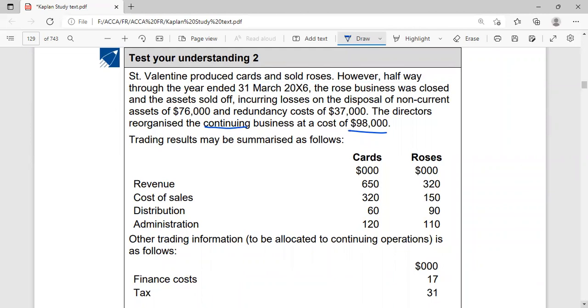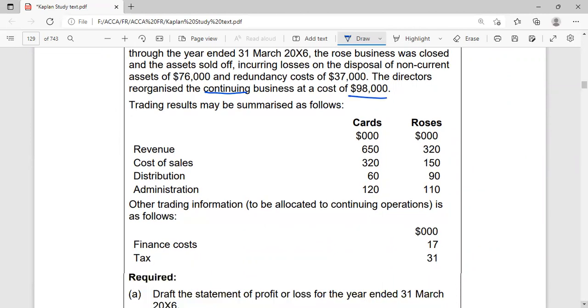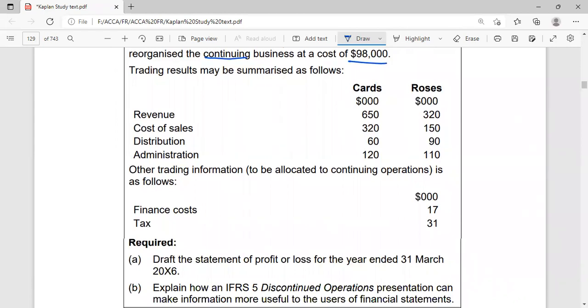Then data for cards and roses is provided relating to revenue, cost of sales, distribution, administration, other trading information, finance cost and tax. So draft the statement of profit and loss for the year ended 31st March 2006.